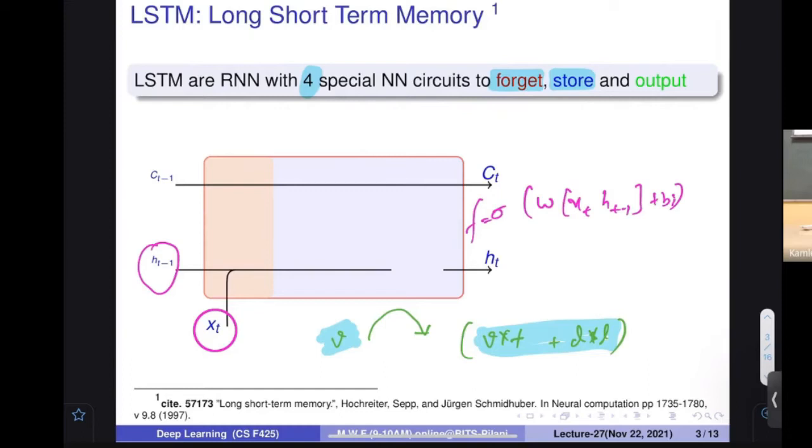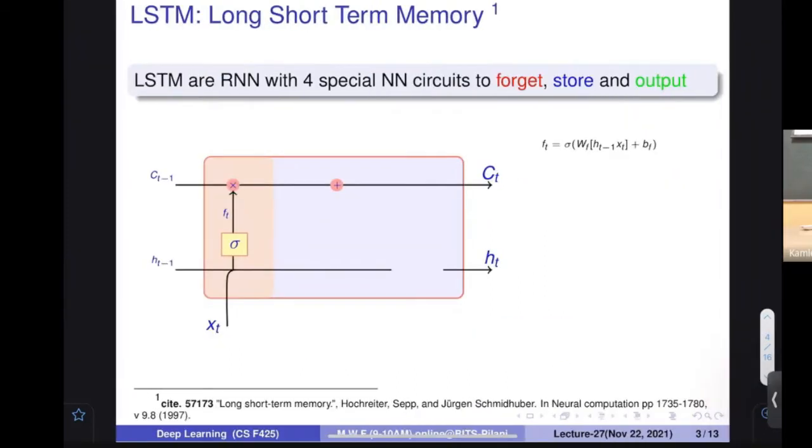Does it make sense? If I want to find out how much I have to forget, as I told you, I'm going to have a separate neural network circuit for that, that is going to tell me how much I have to forget. So it is going to use this value, and it applies whatever learning it has, because it has its own weights and biases inside this particular network, and then it tells me what my factor is that I have to multiply, and then I would multiply this with this particular line.